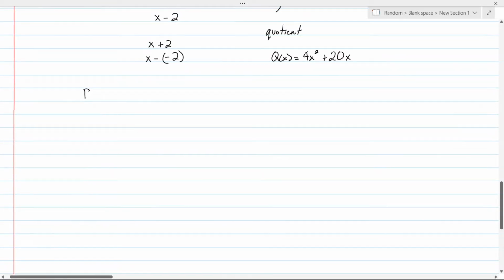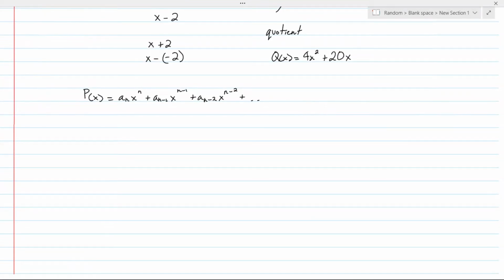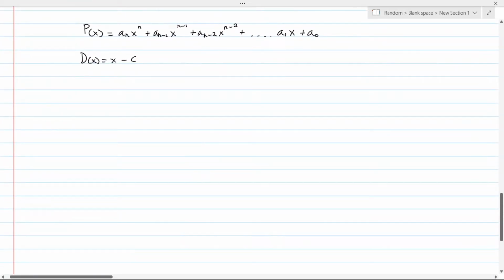In general, when we have a polynomial of the form and we want to divide it by, we just have to follow this procedure.